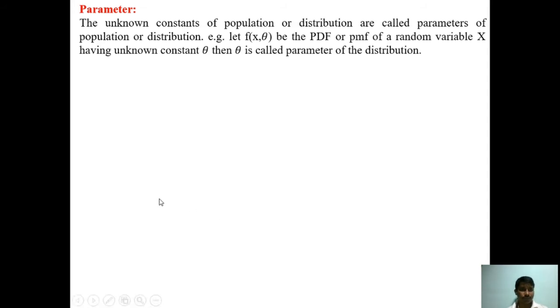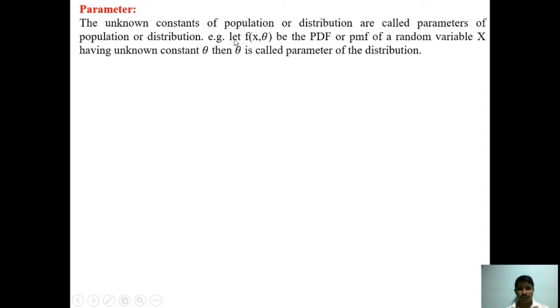Next point is parameter. The definition is the unknown constants of population or distribution are called parameters of population or distributions. Means population has many different unknown constants like mean, mode, median, variance, etc. Then these constants are called parameters of the population or parameters of the distribution.